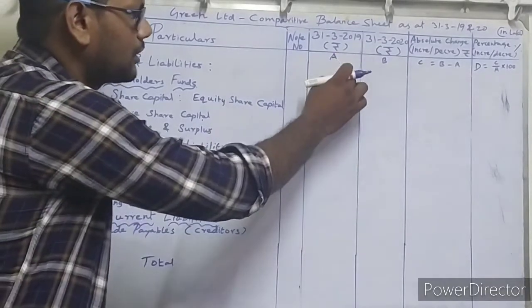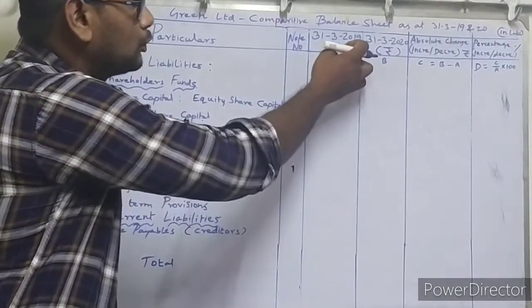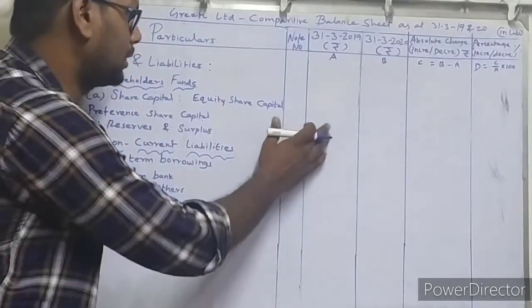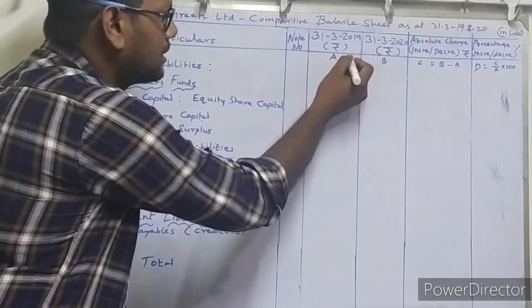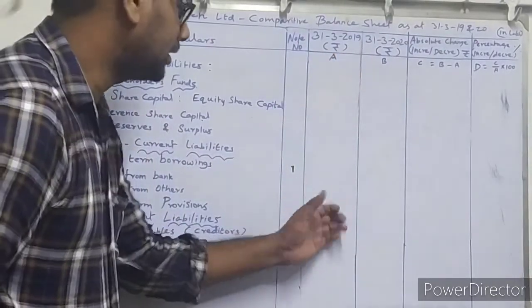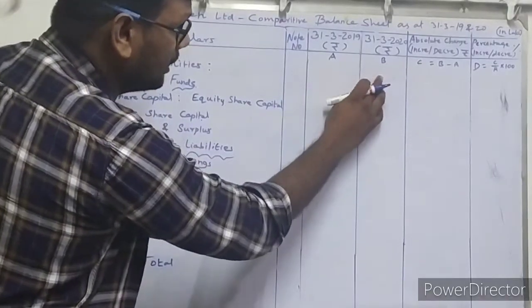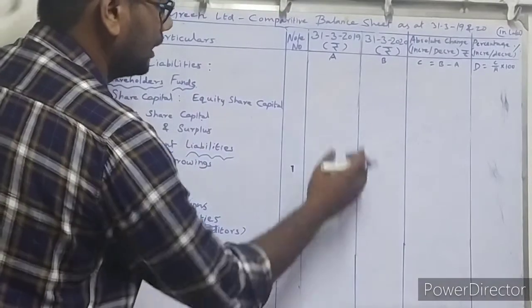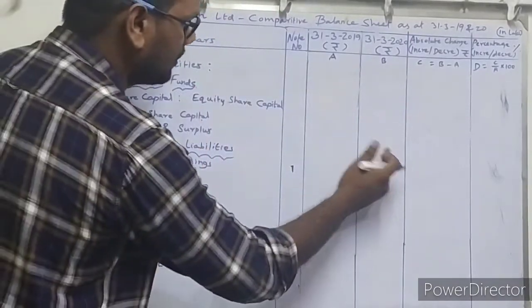Now the first column is considered as column A. Column A denotes 2019's items, the previous year's liabilities, so we write 2019 over here for A. In the second column B, the current year's liabilities will be written, and we are going to compare the current year with the previous year.